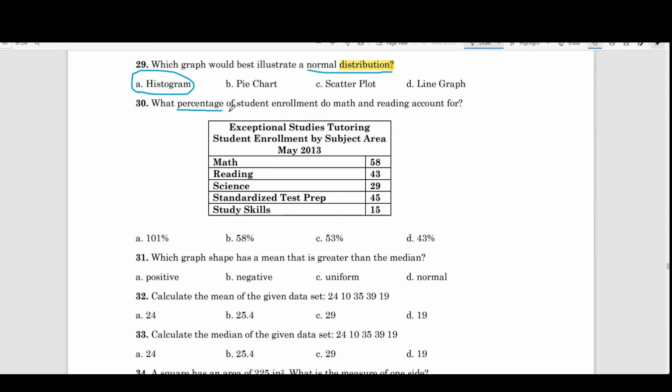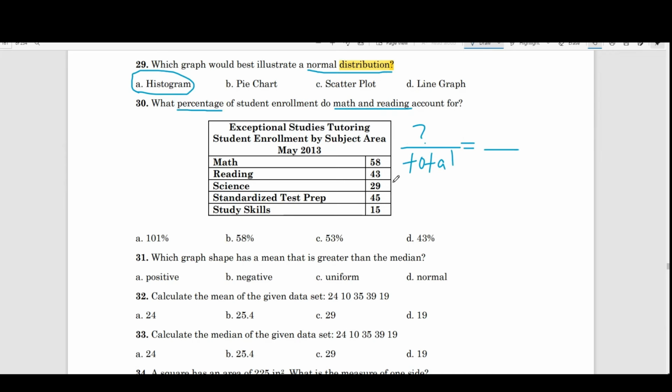Anytime they're looking for a percentage and they're only giving us whole numbers, first things first, you have to create some type of fraction. At the bottom of that fraction is going to be the total of whatever we're dealing with, and the top is always whatever the question is asking for. In this case, we're looking for math and reading. Then from there, we'll be able to convert to a percentage.